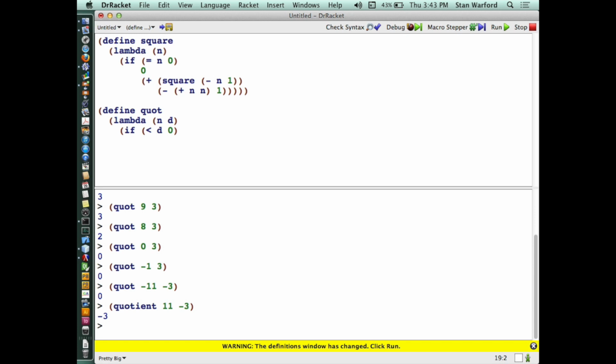And furthermore, quotient negative 11, 3 should return negative 3. But then what should quotient negative 11, negative 3 return? 3. So what should happen if d is less than 0? What should we return?